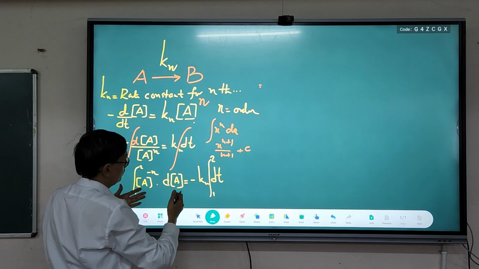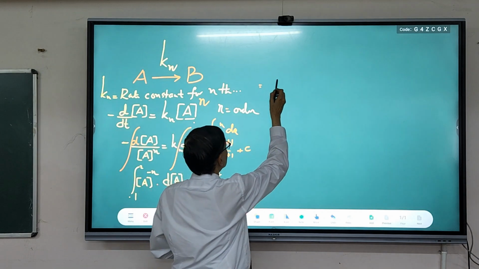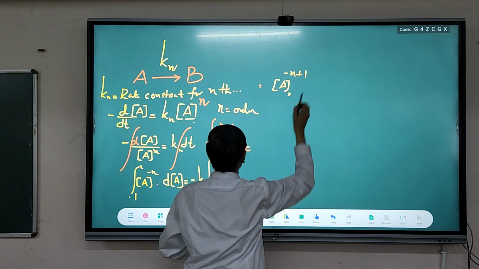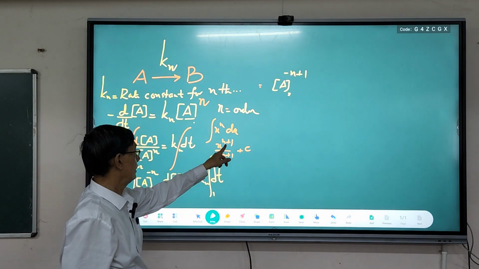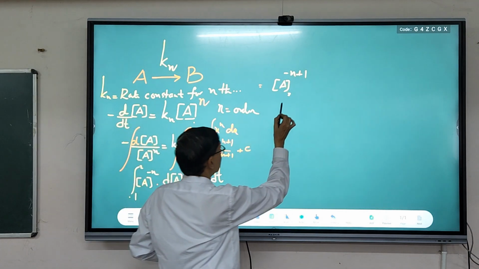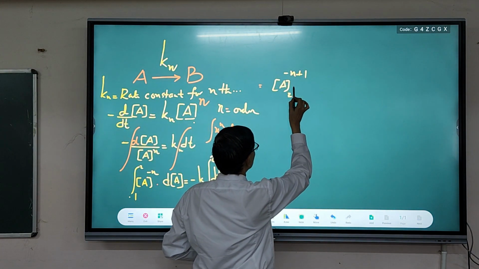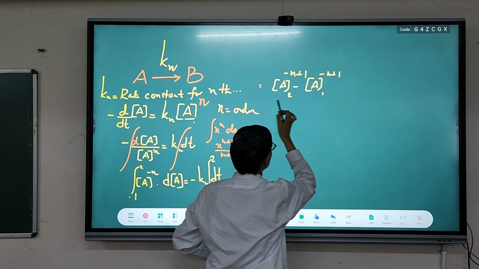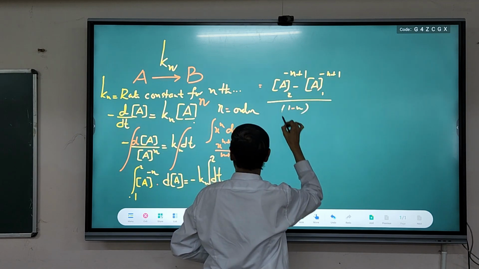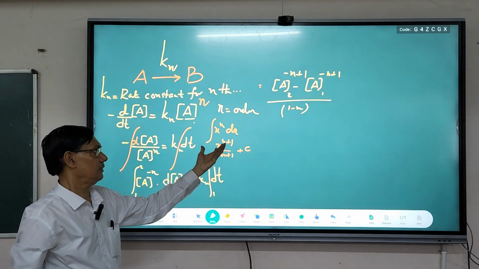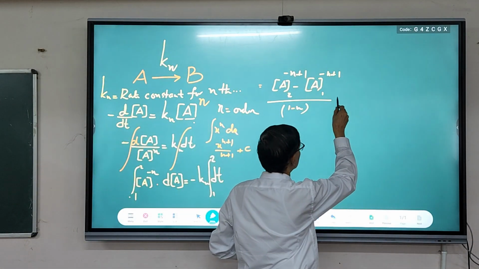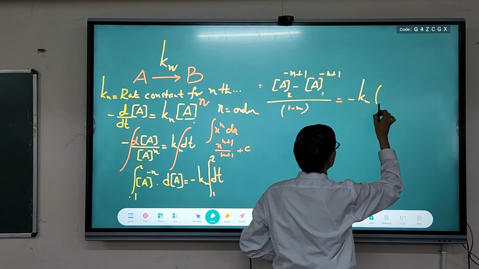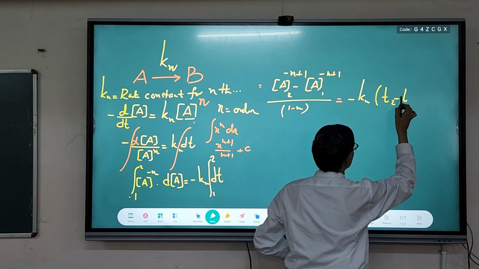So 1 to 2, final minus initial. So if it is 2, A2 to the power minus n plus 1, because this is x to the power n plus 1, minus A1 to the power minus n plus 1, divided by minus n plus 1, is equal to minus Kn times T2 minus T1.